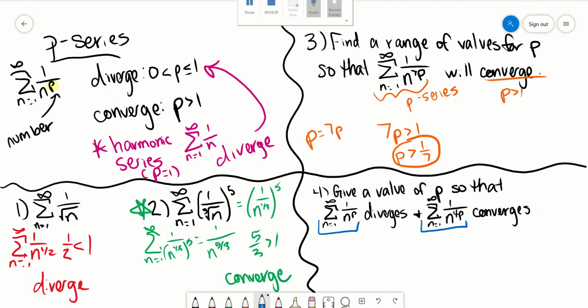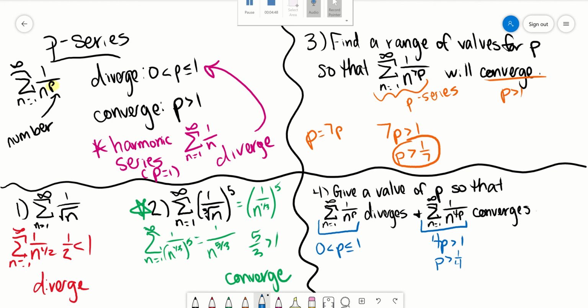We want the first one to diverge, so that means p needs to fall in between 0 and 1. But we want the second one to converge, so that means 4p needs to be greater than 1. If we solve this one, that just means p needs to be greater than 1/4.